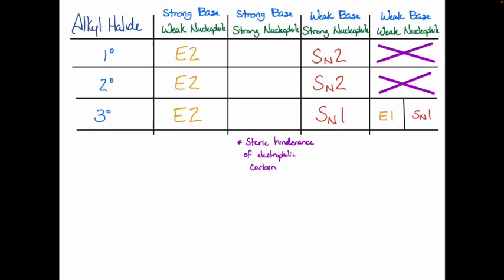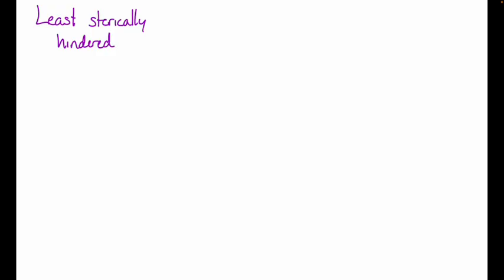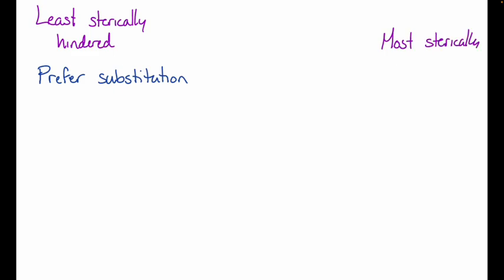So what we're going to see is that our least sterically hindered alkyl halides are going to be the ones that prefer substitution, whereas our most sterically hindered ones are going to prefer elimination.